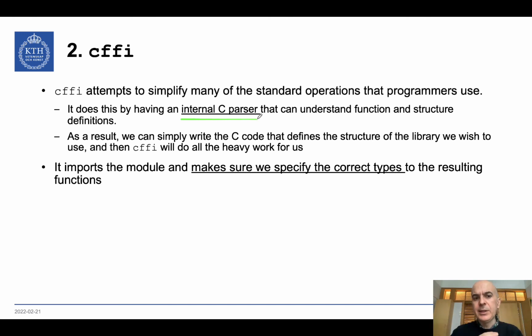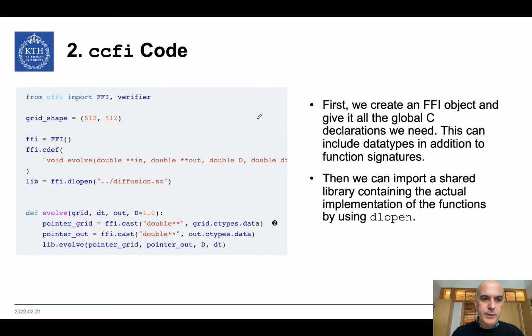As a result, we can simply write the C code that defines the structure of the library we wish to use, and CFFI will do all the heavy work for us. It will import the module and make sure that we specify the correct types to the resulting function.